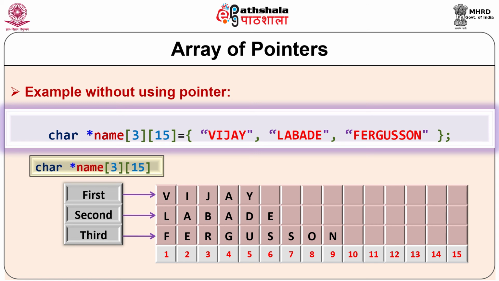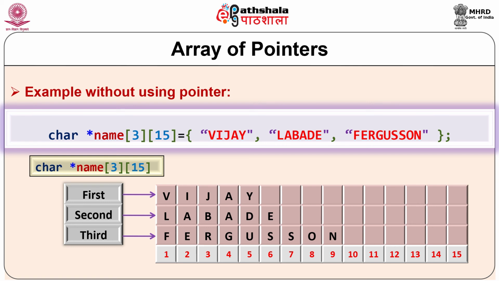In this example you can see the size is 15 and name[3]. 3 means 3 different strings. And let us see first, second, third. So, the first string is Vijay, the second string is Labde, the third string is Ferguson.